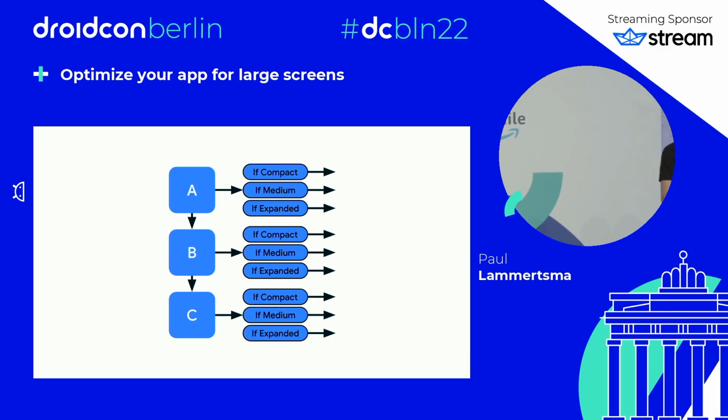One way of thinking about that is keeping your navigation structure fixed and independent of the screen size. So at each destination, the content displayed might be different depending on the screen size. So for each navigation step that I have here in my graph, I have those conditionals, right? That same if statement or switch statement: if compact, if medium, if expanded. And for each of those navigation steps, I am tailoring an experience dedicated for that window size class.